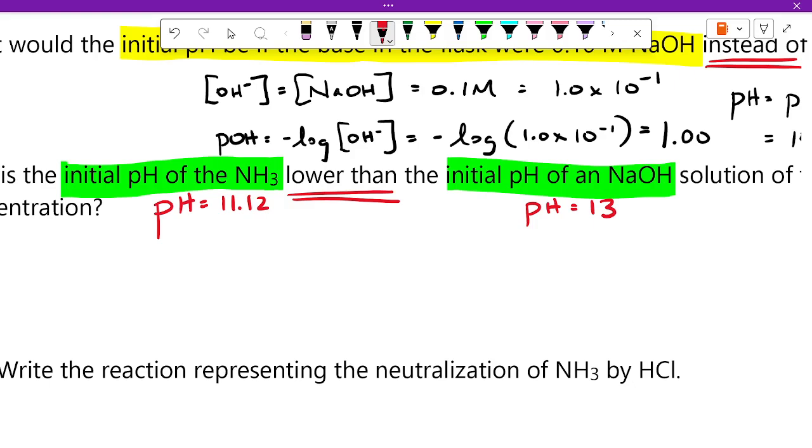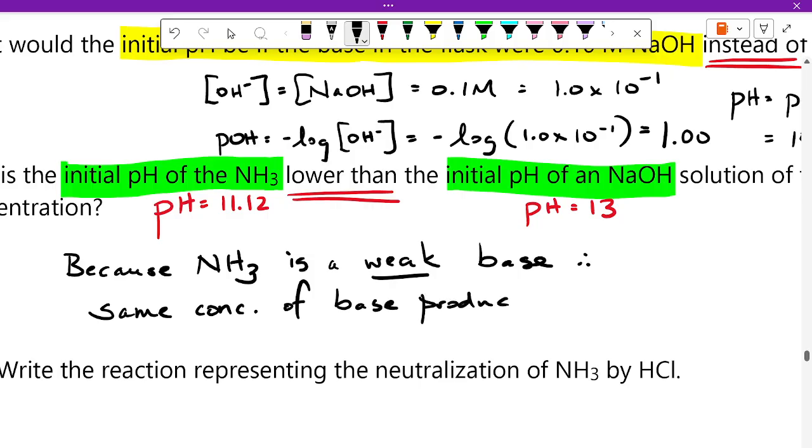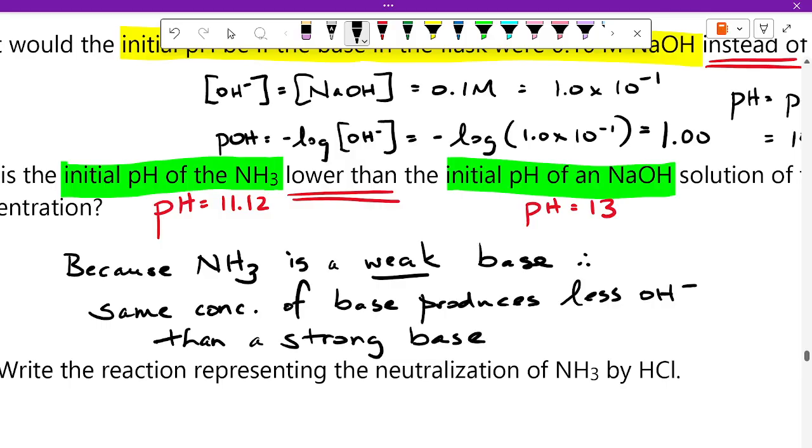Because NH3 is a weak base. Yeah? Because NH3 is a weak base, therefore the same concentration of base produces less hydroxide than in a strong base.